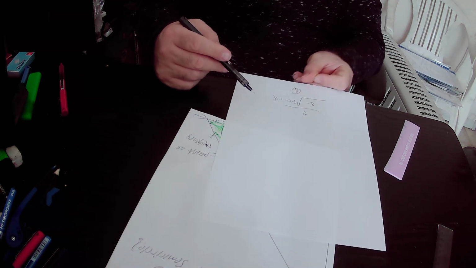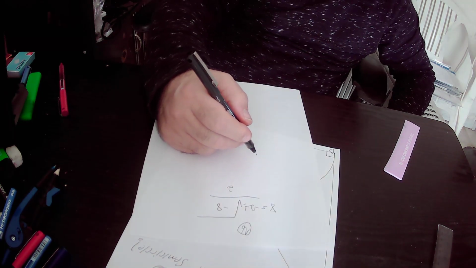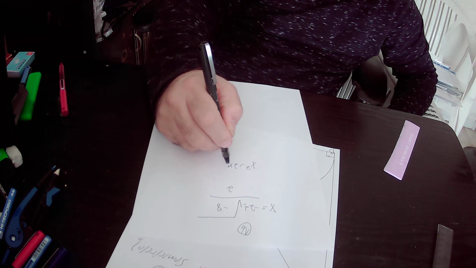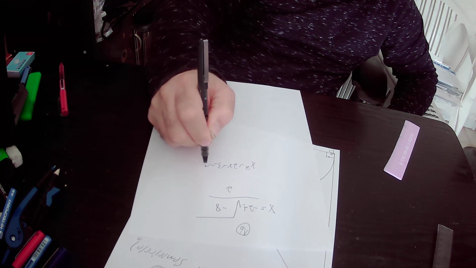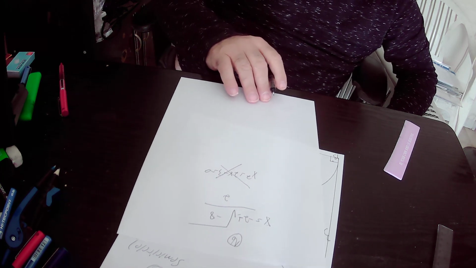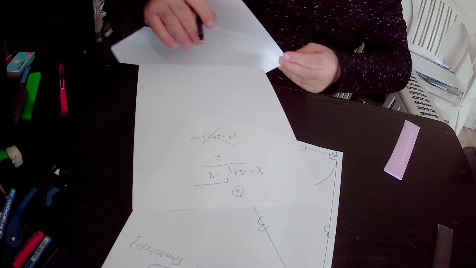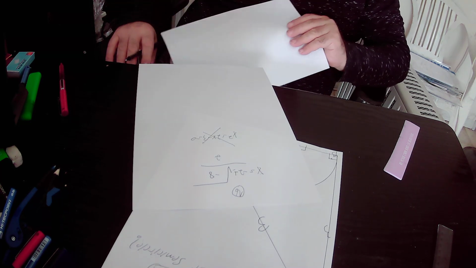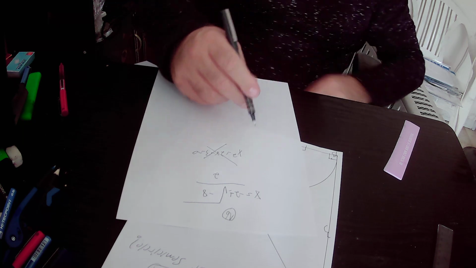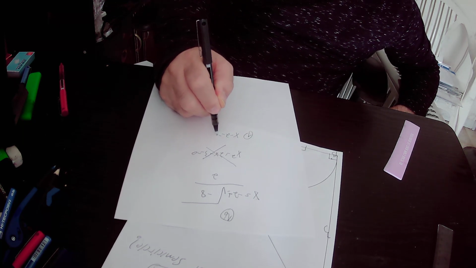Therefore, the possibility that x squared plus 2x plus 3 equals 0 is not correct, and we are left only with the first solution, that x minus 2 equals 0.